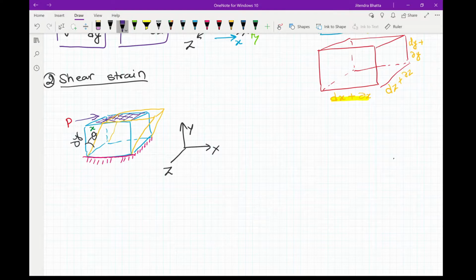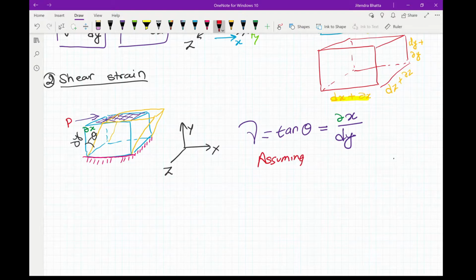Then our shear strain will be defined as tan theta, which is given by x by dy, or you can say this is small del x by dy, assuming that theta is very small.